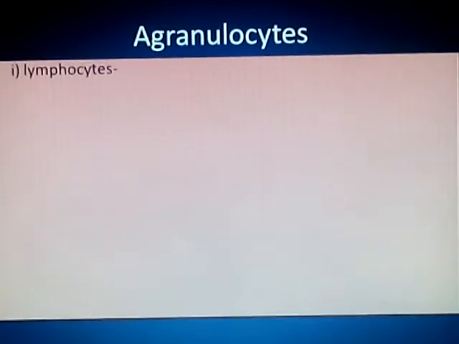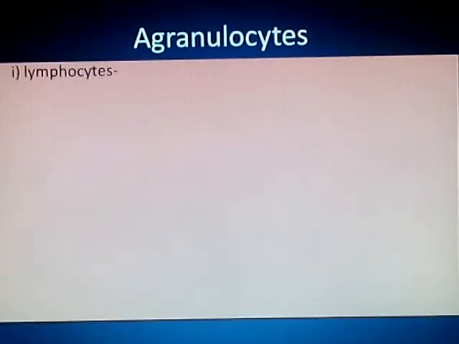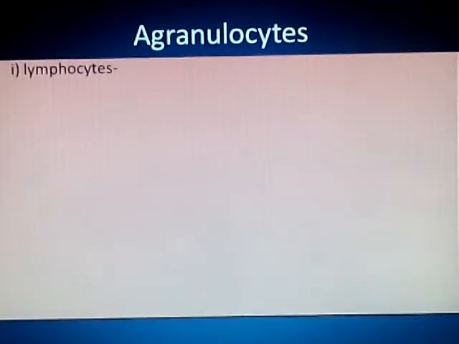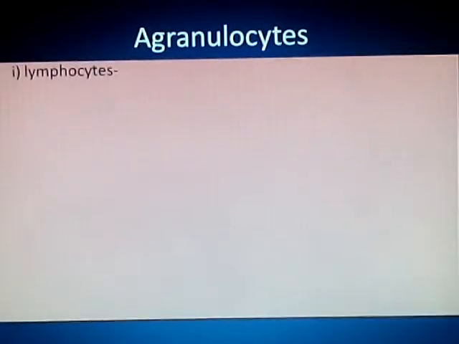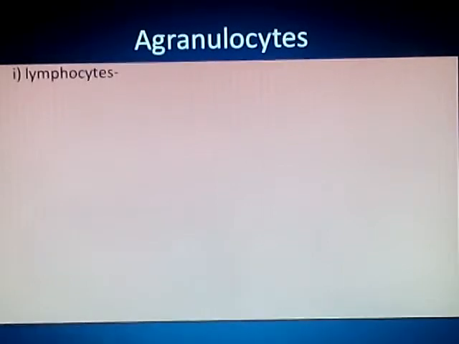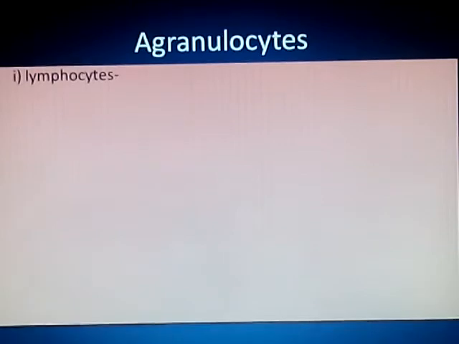The question of staining does not arise in agranulocytes. Why? Because they do not contain granules in their cytoplasm. The three points are: first, nucleus; second, percentage amongst total WBC; and third, function of lymphocyte and function of monocyte.